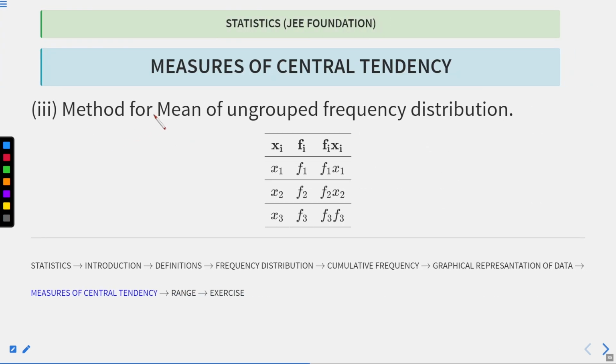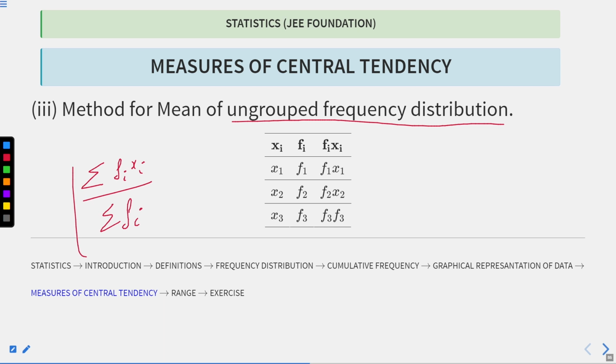Now the method for the mean of an ungrouped frequency distribution. Let's see, if we are given an ungrouped frequency distribution. Previously, we were given a set of data, and we had to find the mean for those discrete values. Here, if a frequency distribution is given, the mean for that ungrouped frequency distribution is defined as the sum of fi xi divided by the sum of fi.